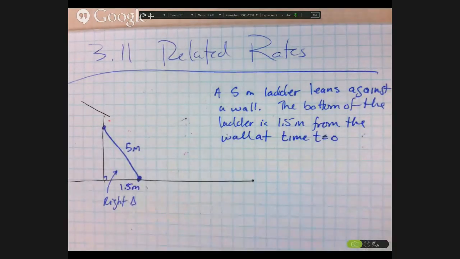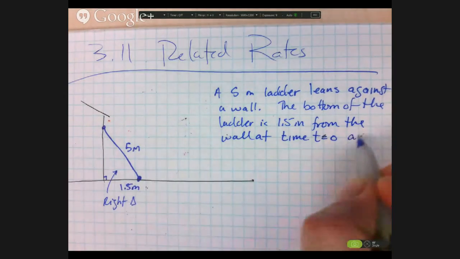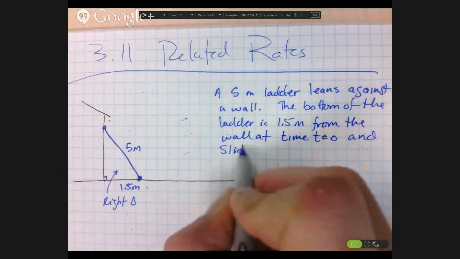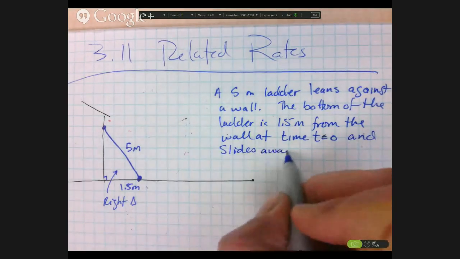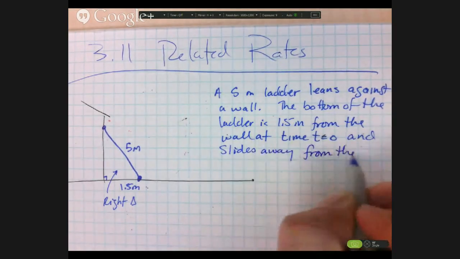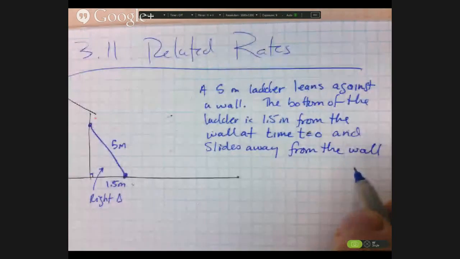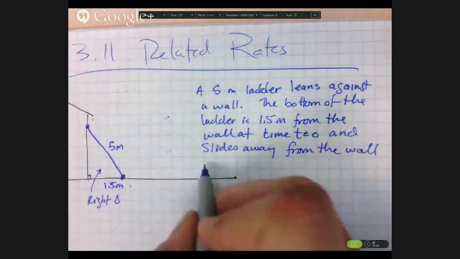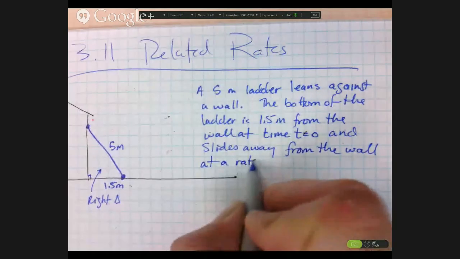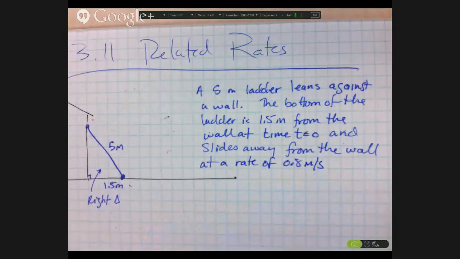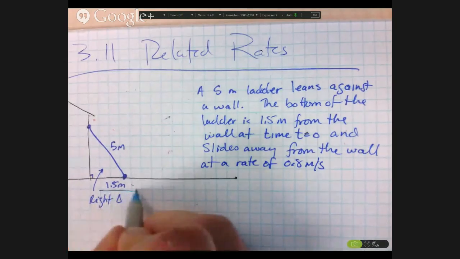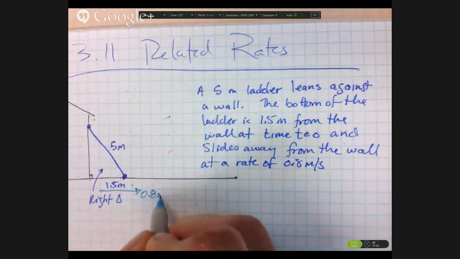So, okay, time is a factor because it's a rate. And slides away from the wall at a rate of 0.8 meters per second. Okay, so this is now traveling 0.8 meters per second.